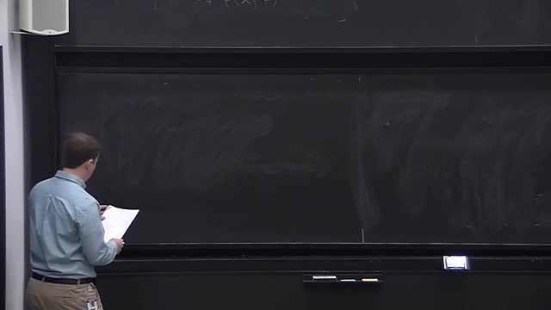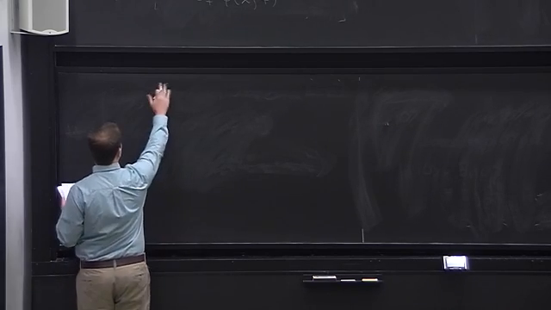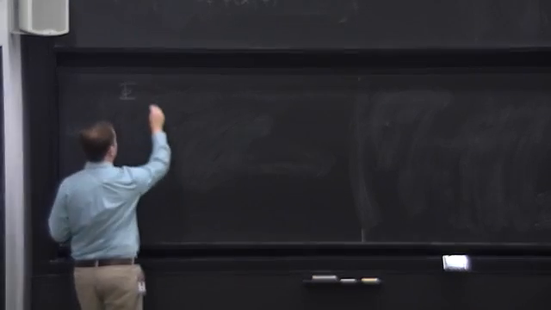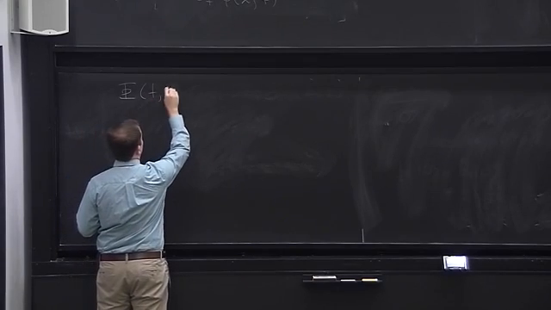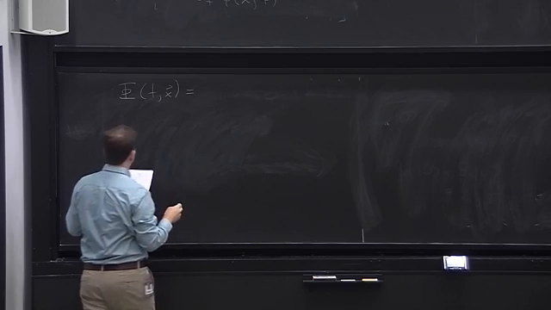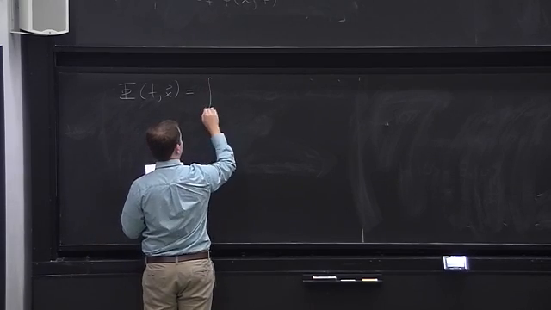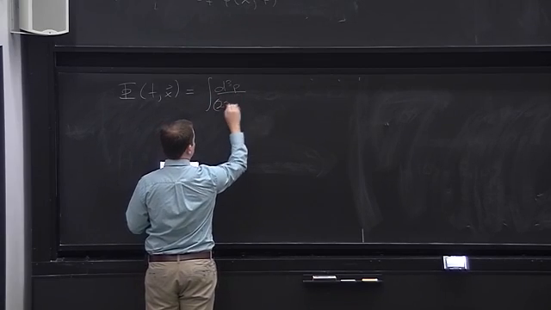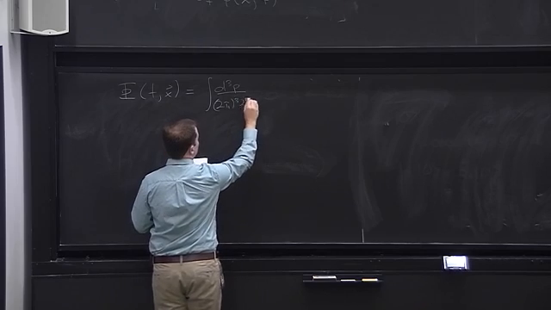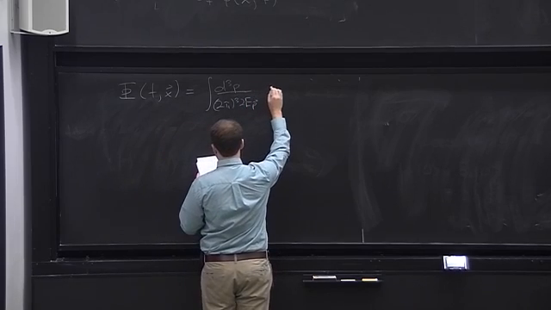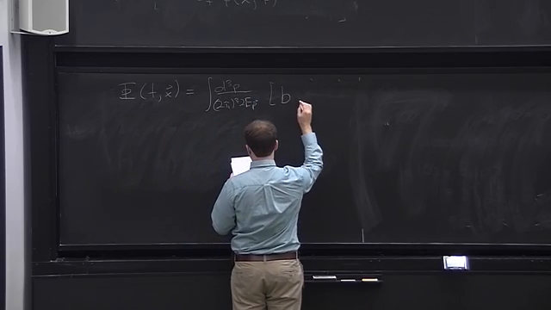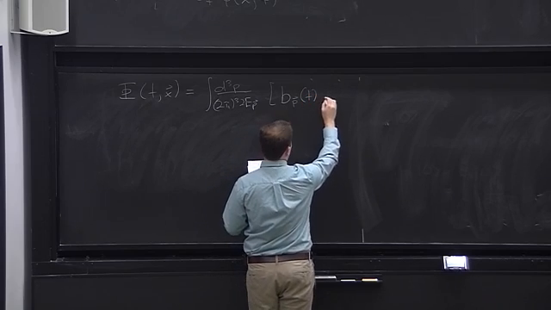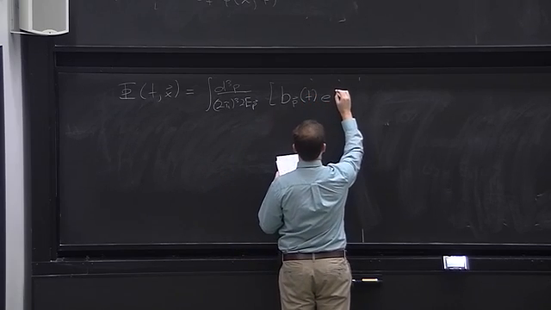So just a few comments on interacting fields. We can imagine we've got an interacting field. We can always write an interacting field in the same way, in terms of creation and annihilation operators. Just suppose that there are some other creation and annihilation operators for the interacting case.